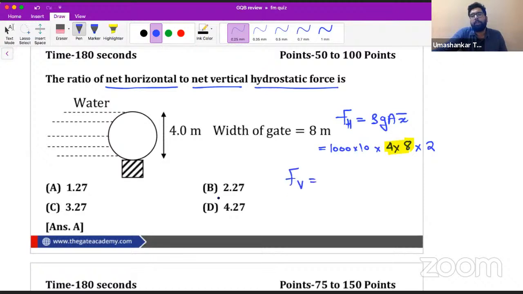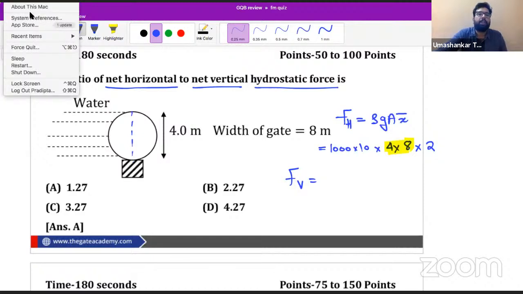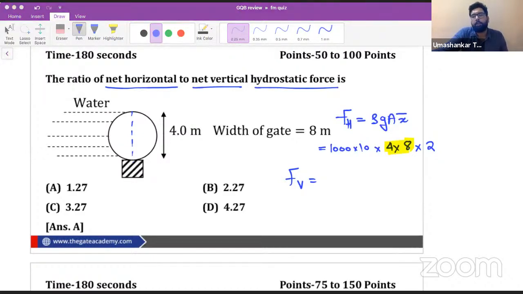And what will be your vertical force? Vertical force is the weight of the liquid supported by the curved portion. So what is the weight of the liquid that is getting supported?